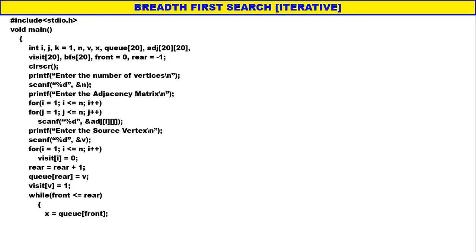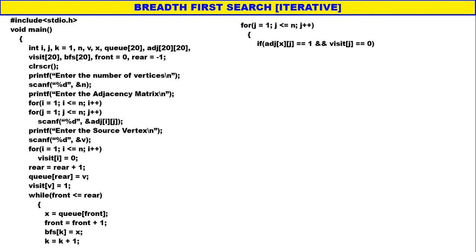Then, remove the front element from the queue. Yes. Add it to BFS. Yes. And then, for all the nodes that are adjacent, add them to the end of the queue and visit for that particular adjacent vertex should become equal to 1. That's all the while loop.